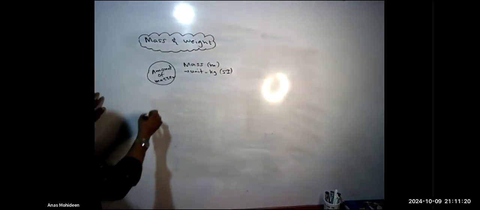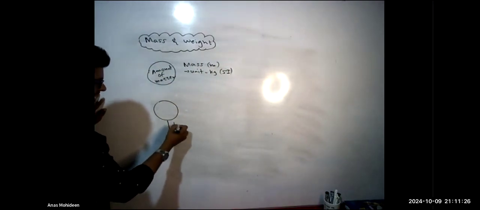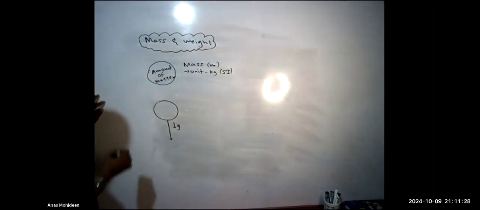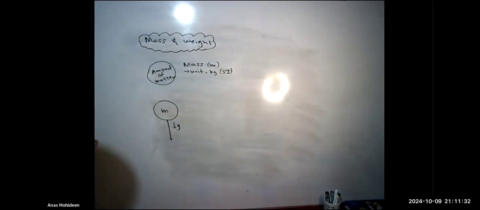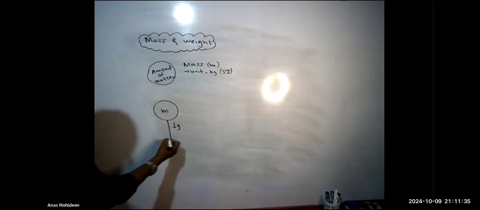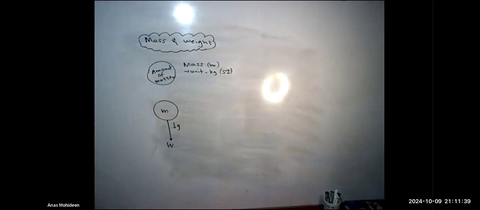So what is weight here? Weight is the gravitational force. You see, gravity is down. Due to gravity on this object of mass m, there is a force acting down, and this force is what we term as weight.